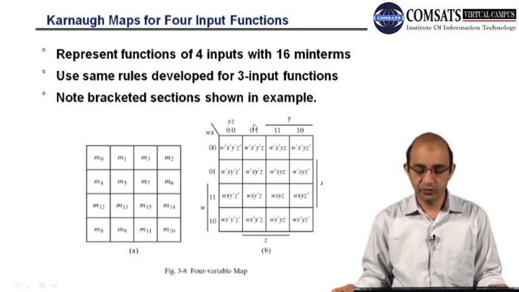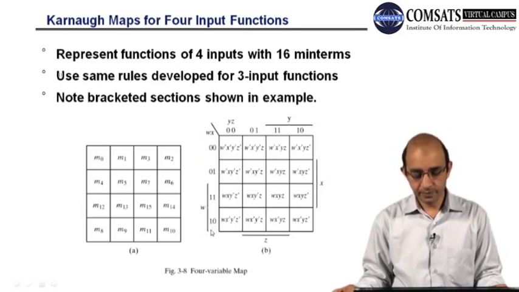So that's why we jump from here to here, and then we move from this column to the 3rd column. If you follow this, 0 0, 0 1, 1 1, 1 0, same gray code sequence.